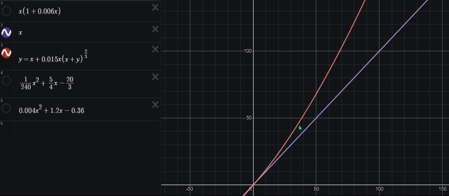Right. So I want to give you some idea of how I did this. There are multiple methods of doing it. One of them is to just go on Wikipedia.